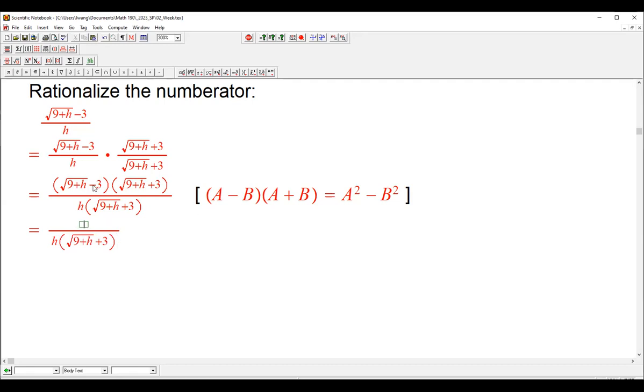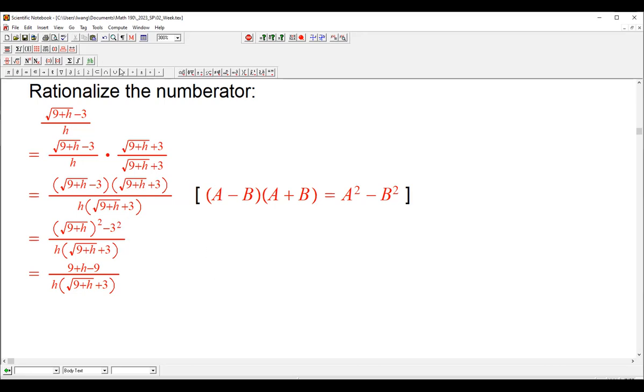On the numerator, we have a squared, the radical in parentheses squared, minus b squared, which is 3 squared. And then we reduce. This is going to be 9 plus h, and 3 squared is 9.